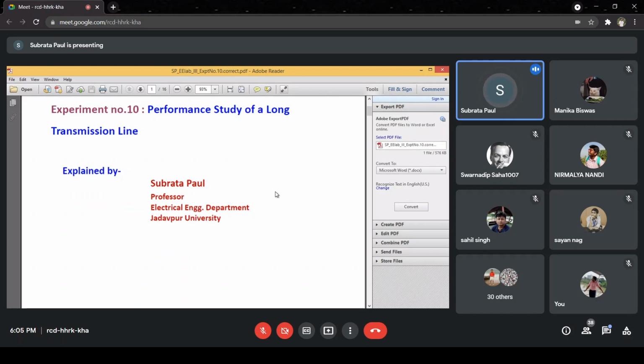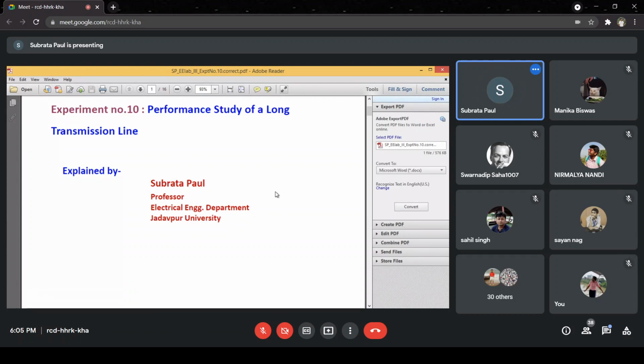You know the basic equations and the basic steady state response of a transmission line. What is a long transmission line? I think it is clear to you. When a long transmission line is excited by a voltage at one end, usually we call it the sending end, then what response we get?